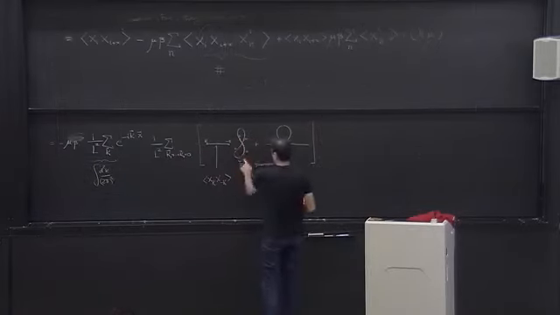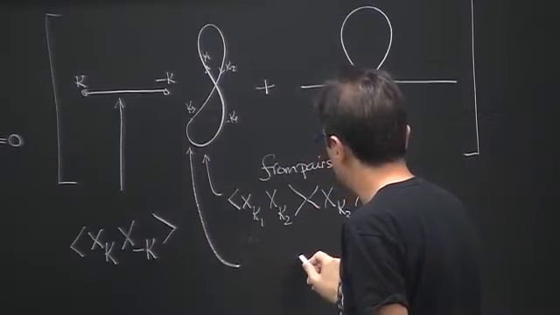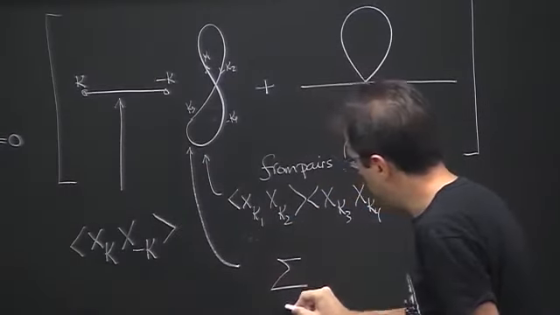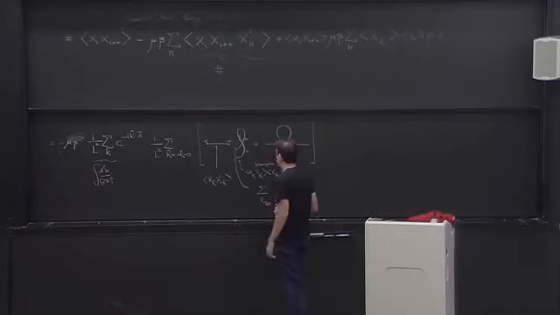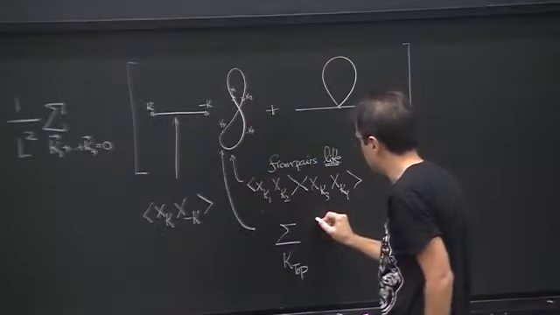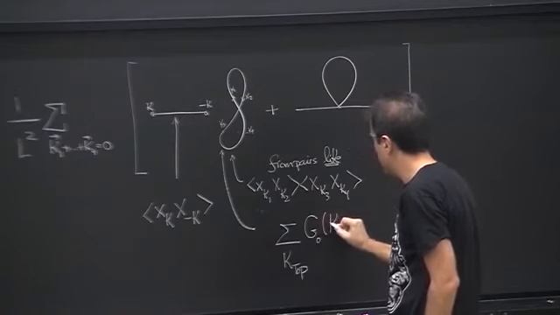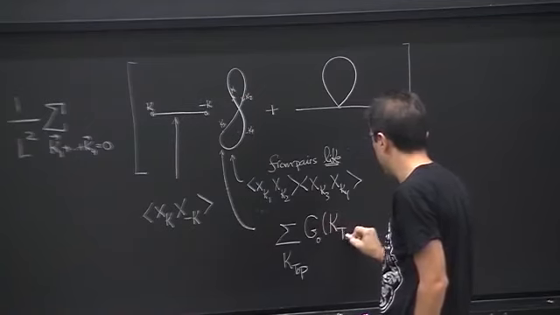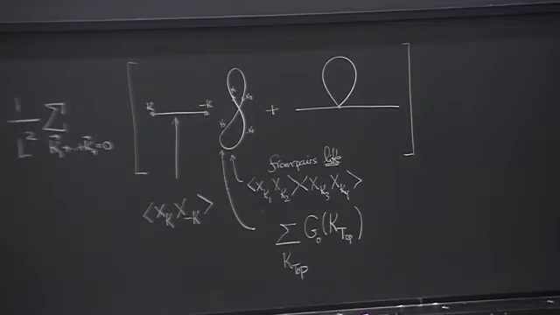So this computation here, this graph here, is just the sum over the momentum k in the top bubble, right, of this two-point function in position space that I will call the propagator with momentum k top, where this propagator is just this expectation value.